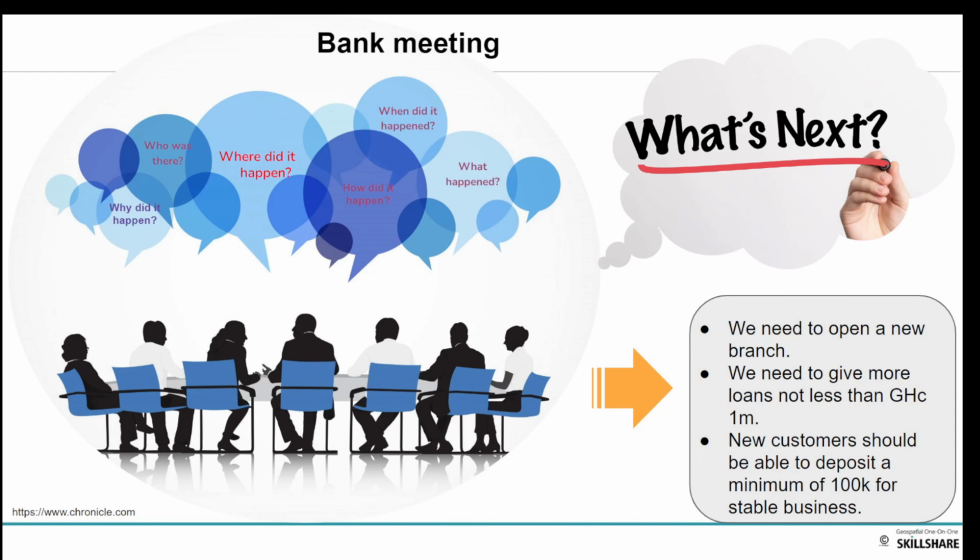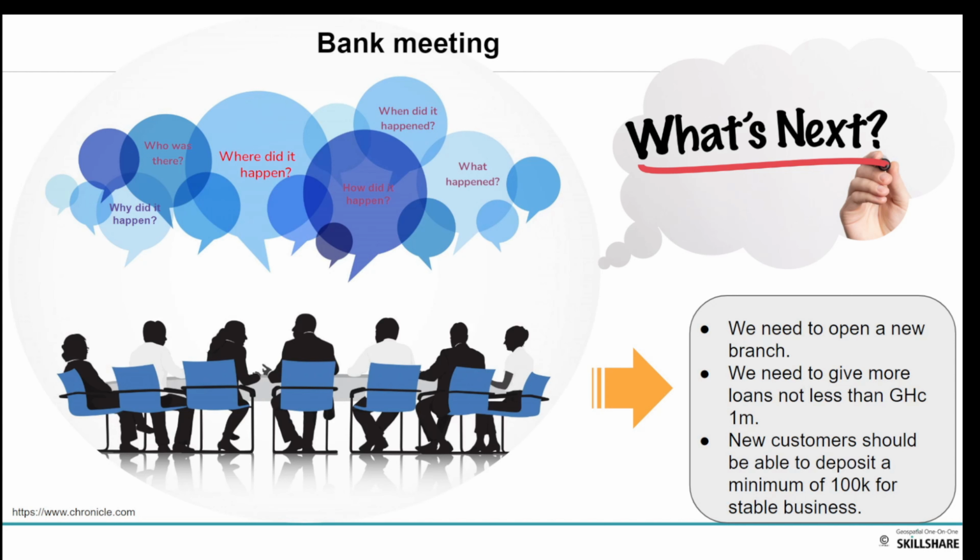Again, what next? From this meeting, where do we find a place where we would be able to find people who need a loan as much as 1 million Ghana cedis? Where do we find places where our potential customers have the ability and the capital, or they have disposable income of 100,000 cedis or more to be able to deposit into a bank?